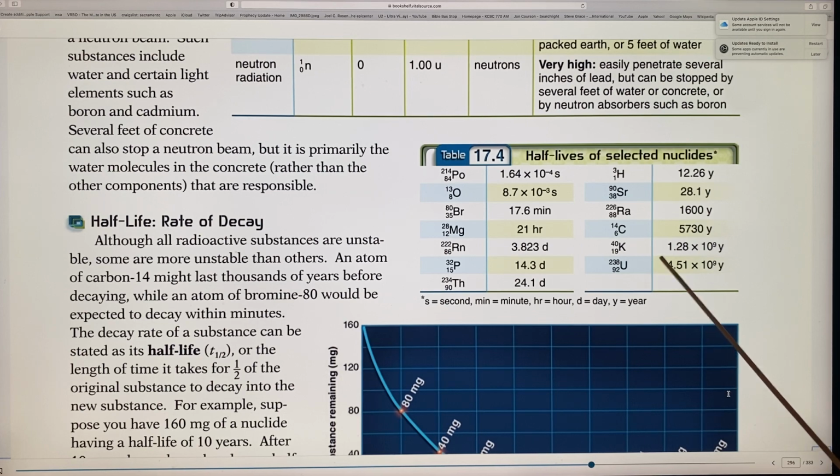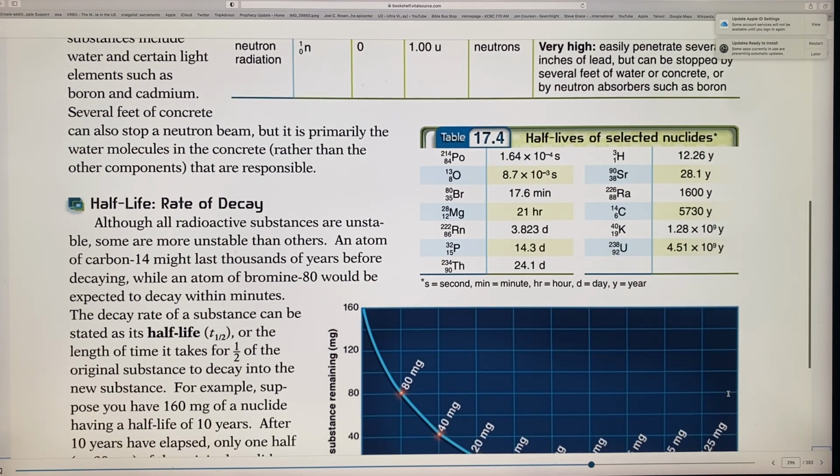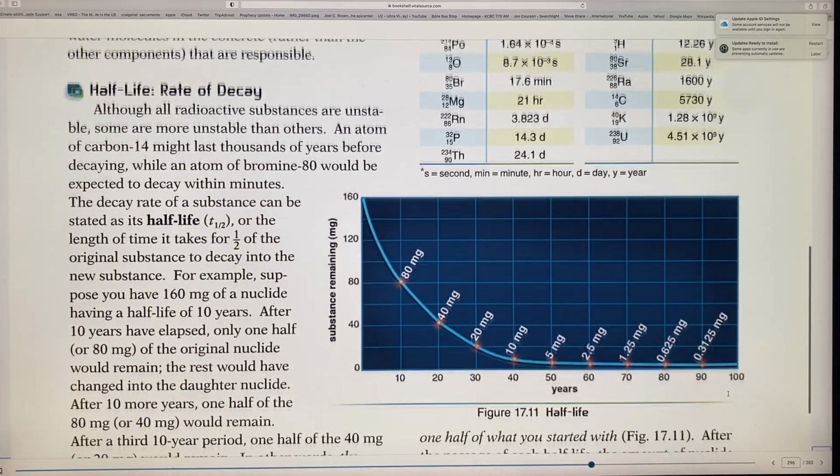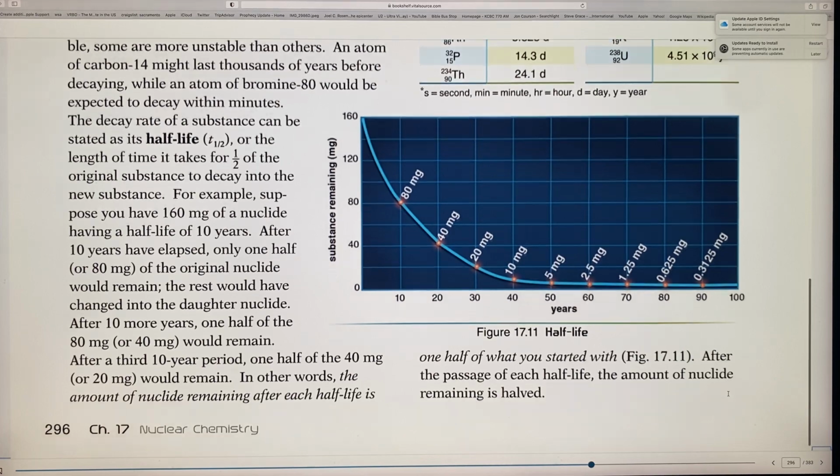We have potassium at 1.28 times 10 to the 9th years. These hardly decay at all. Uranium, 4.51 times 10 to the 9th years. We're talking about substances that are not going to decay within a human timescale. Although you can split uranium, that's for sure.